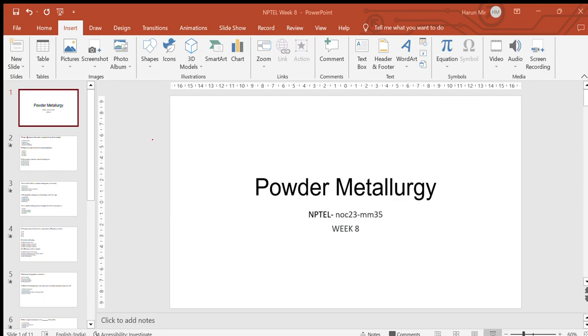For debinding, we can either go for a temperature treatment where we heat the powder mixture up to a certain temperature where these binders can be removed from the compact, or we can do some solvent treatment. In both techniques, since most of the time the binders are organic materials, we are trying to attack them.